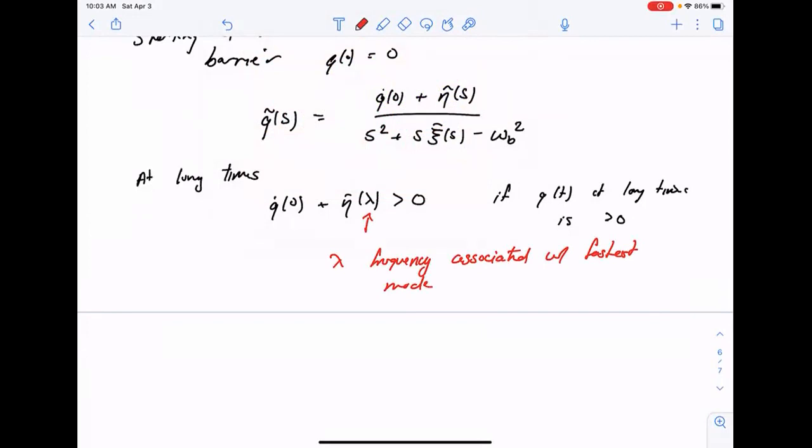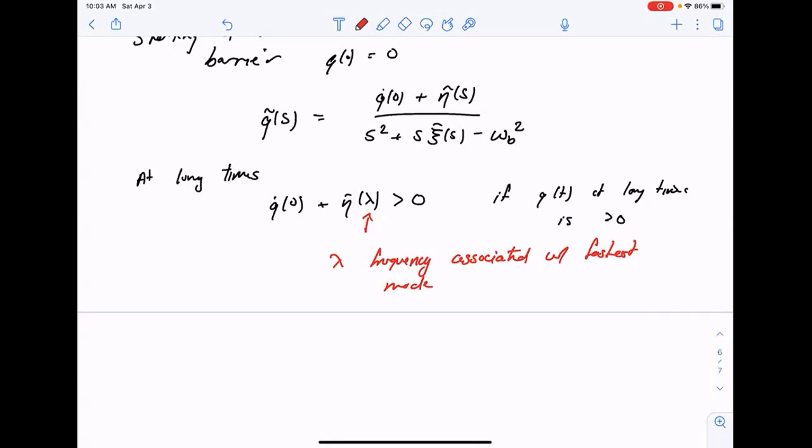So at long times, if I start at the top of the barrier, the dynamics are unstable. So we only need to concern ourselves with a time scale associated with the quickest growing mode, the time scale that is going to act on the shortest time scales and commit me to that B basin. Because once I grow along that mode, the unstable dynamics will allow me to fall down the barrier quickly.